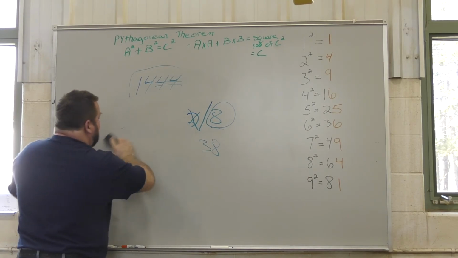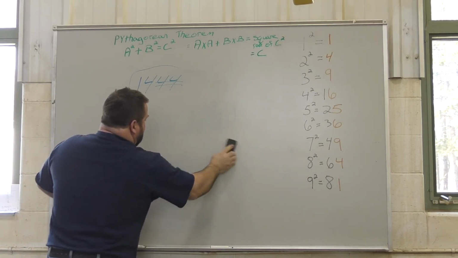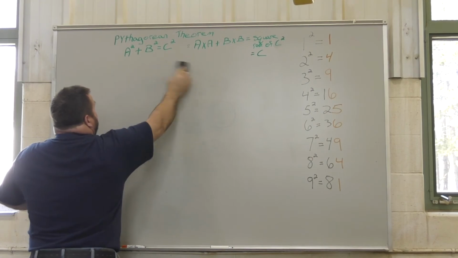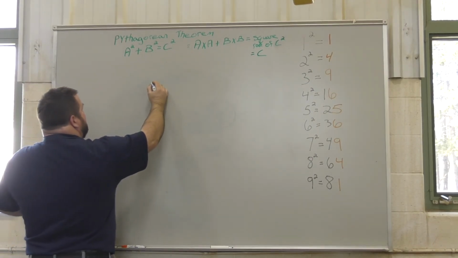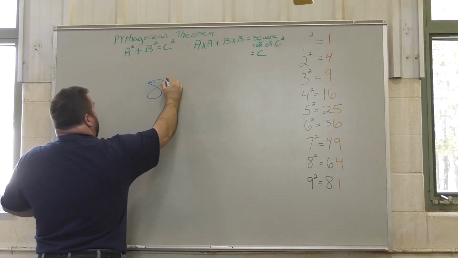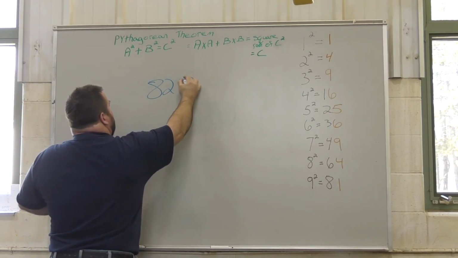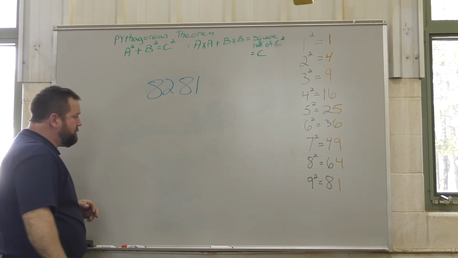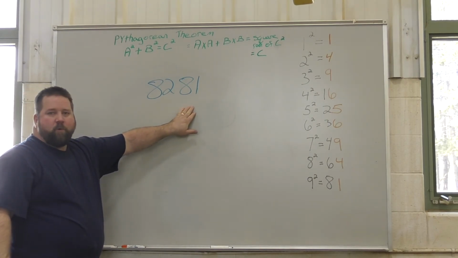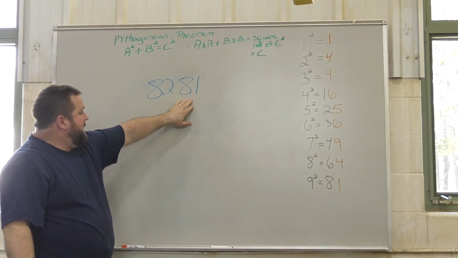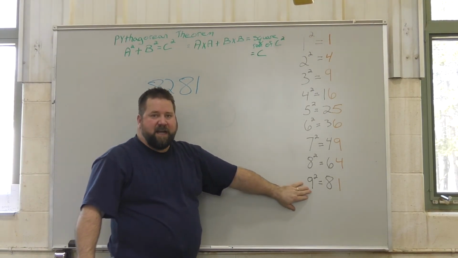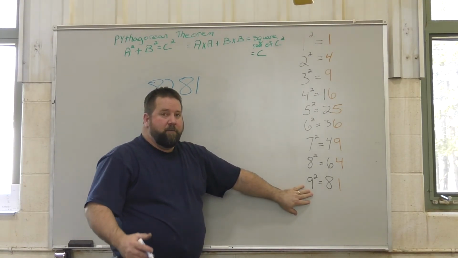Okay, one last one. Let's use 8,281. Again, remember we're only looking at the last digit. You might see the 81 and automatically think the first digit is 9, but we don't know that.